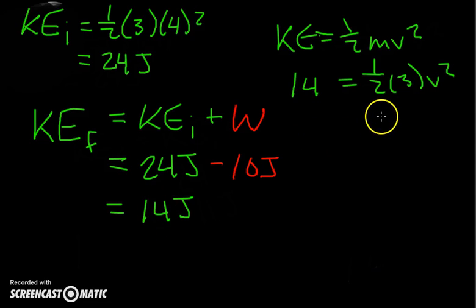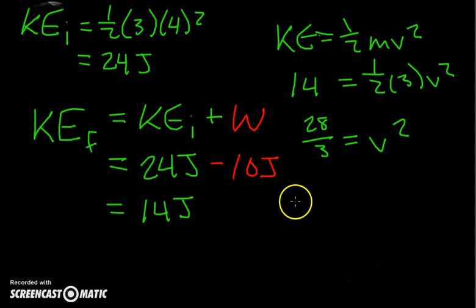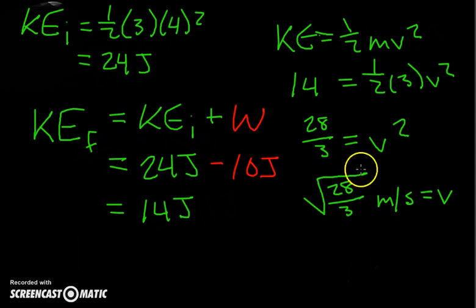And I did not intend for this to happen, but this is going to be a very ugly number. It's going to be 28/3 is equal to v squared. So the square root of 28/3 meters per second is equal to the velocity. And I'm not going to work that out because it's going to be an ugly number anyway. But the important part is this process.